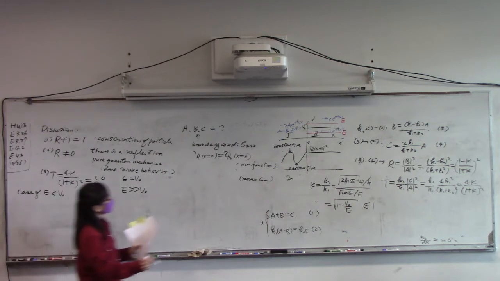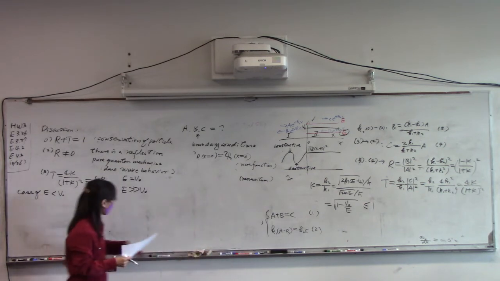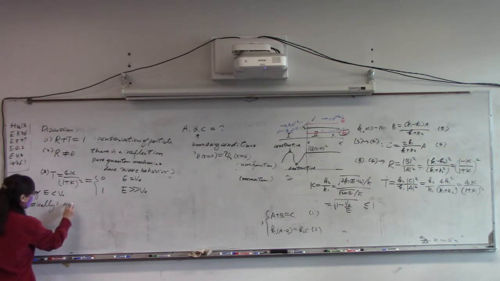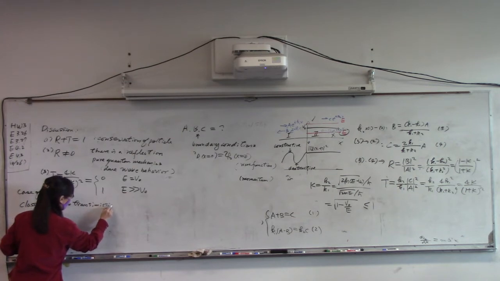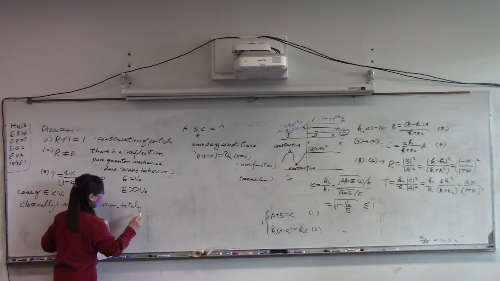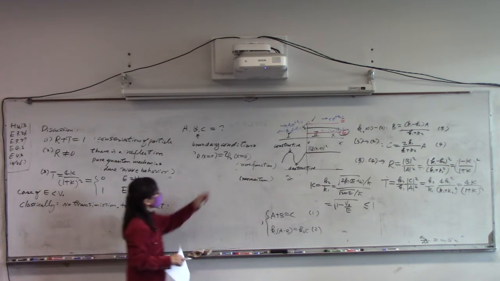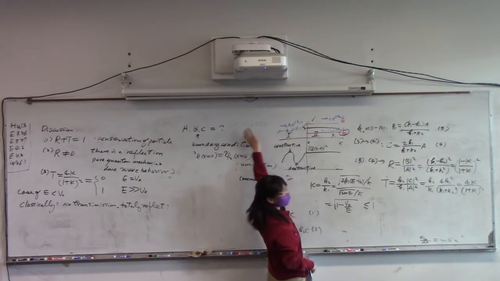So now we consider the case where the energy is lower than the barrier. Classically, what will happen? No transmission, right? It will always be totally reflected, since the particle has an energy barrier here, and if the energy is lower than this, you have to go back.